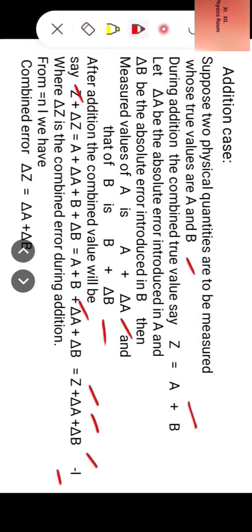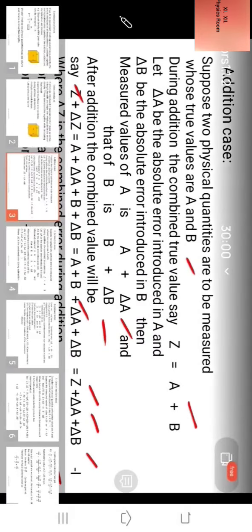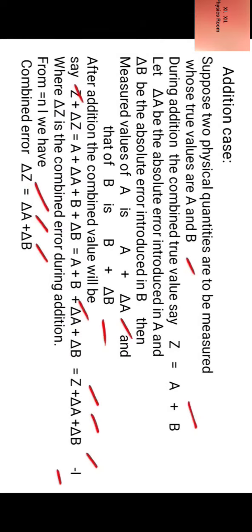Now from equation 1, we have combined error delta Z is equal to delta A plus delta B.